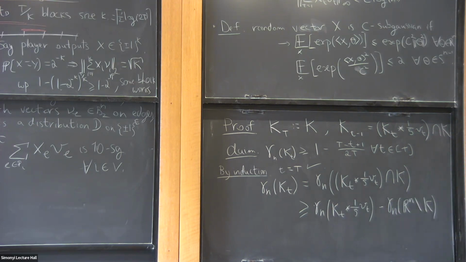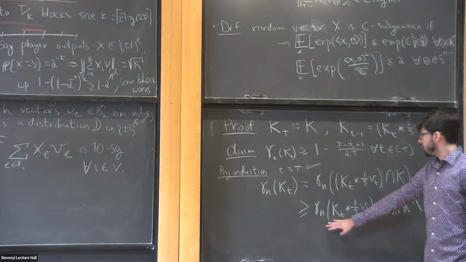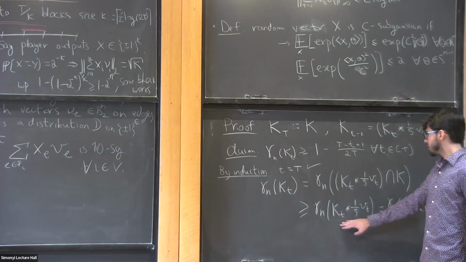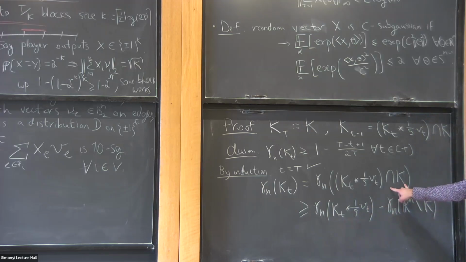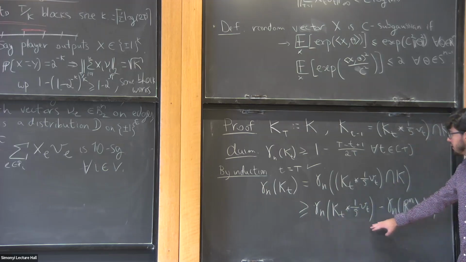Here the point is that if I have some vector in this star body, either it lies inside K or it lies outside K. So the sum of these Gaussian measures has to be at least the measure of this set.